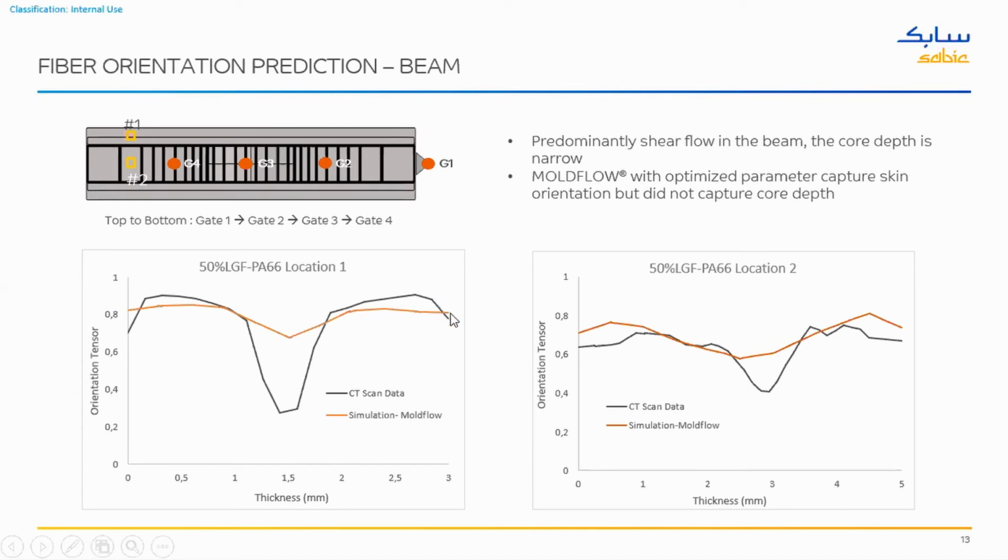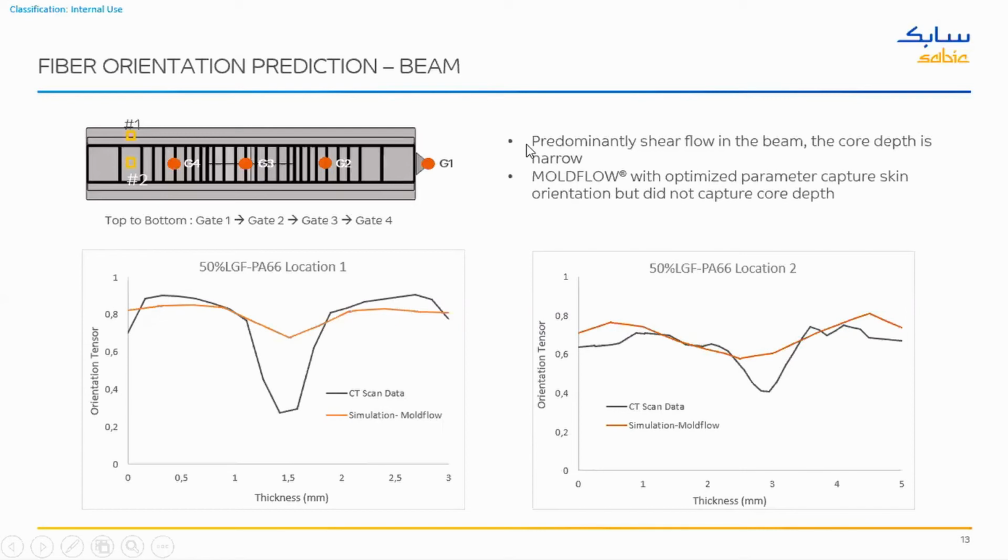Similar to the shear plaque, in the core region the experiment shows some dip, indicating more fibers orthogonal to the flow. Moldflow could not capture that effect; it rather shows all aligned properties. But even though some of these variations exist, they are within a small gap of the total thickness of the part. The skin effect it is capturing quite well.